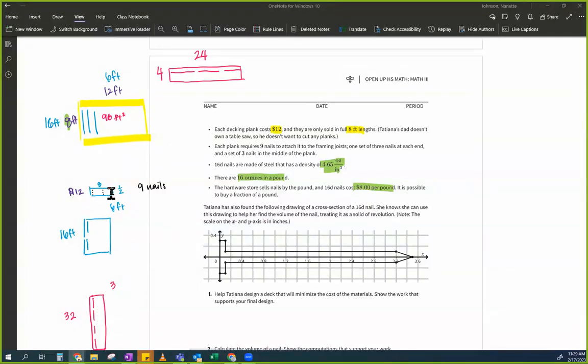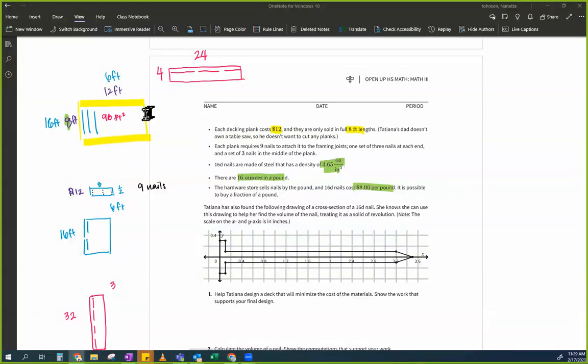So the next thing that I would possibly do is figure out how many planks are in each of these designs. Because the more planks there are, kind of thing. The next thing I would also consider is the nails, right? Here's my question.